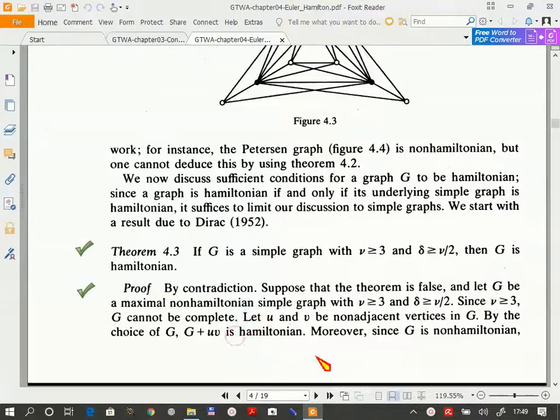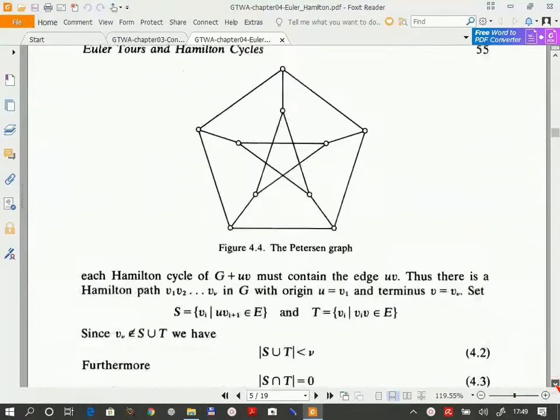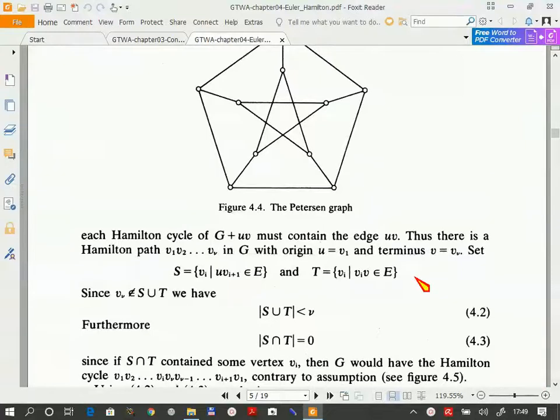Then the difference between G, which is non-Hamiltonian, and G plus UV, which is Hamiltonian, means that every Hamiltonian cycle must contain edge UV.